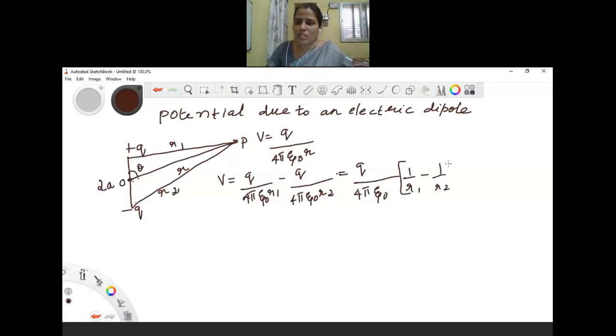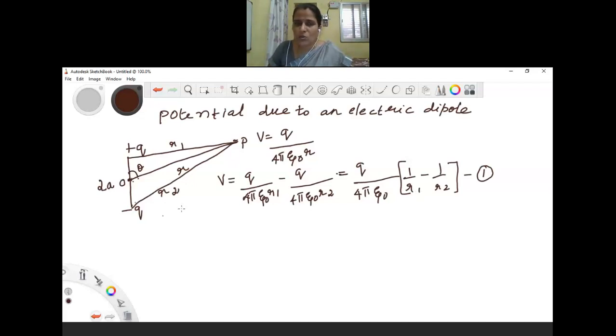Let this be our equation number 1. We don't know what 1 by R1 and 1 by R2 are, so we are going to calculate them.